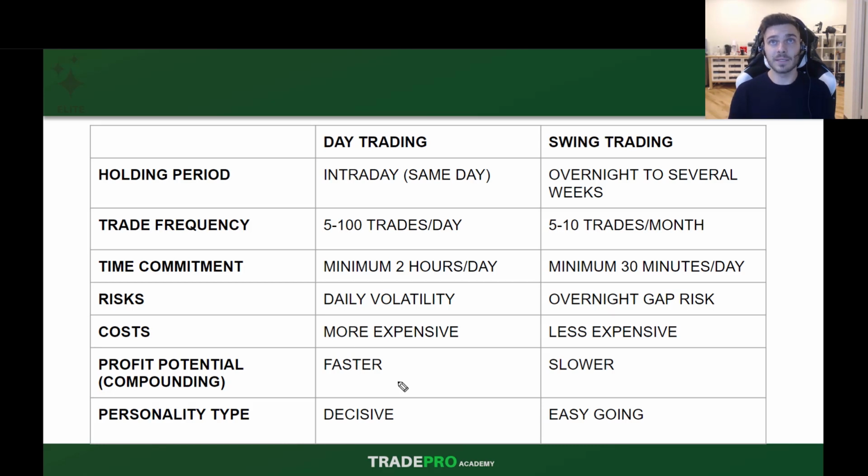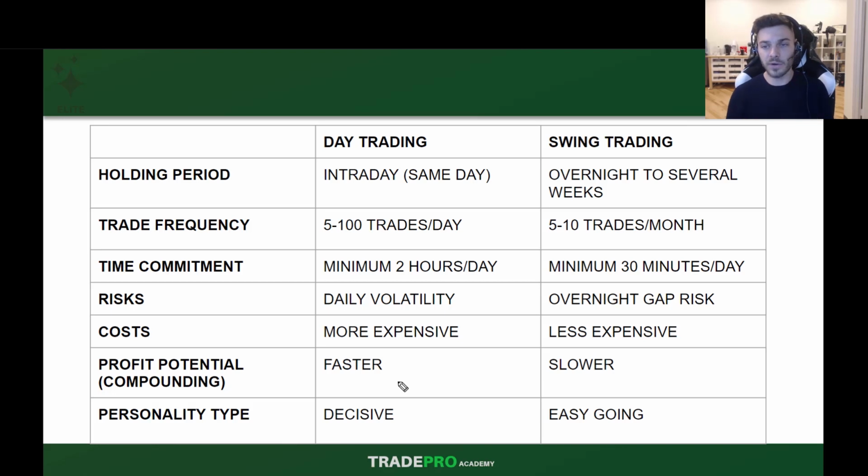So even though your wins are going to be smaller than what a swing trader would be targeting, because the frequency of your wins happens a lot more throughout the month, that compounding effect is going to take hold a lot faster as a day trader.